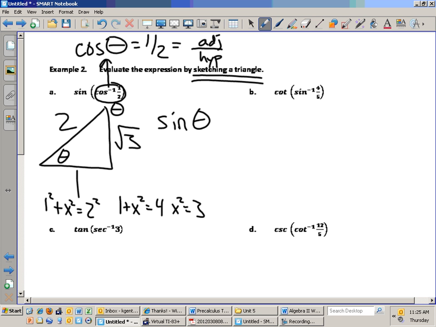What is the sine of theta in this problem? Square root of 3 over 2. Jalen went to the opposite divided by the hypotenuse. So this was really asking what is the sine of theta in this problem, and sine is opposite divided by hypotenuse, square root of 3 over 2. That's your answer.